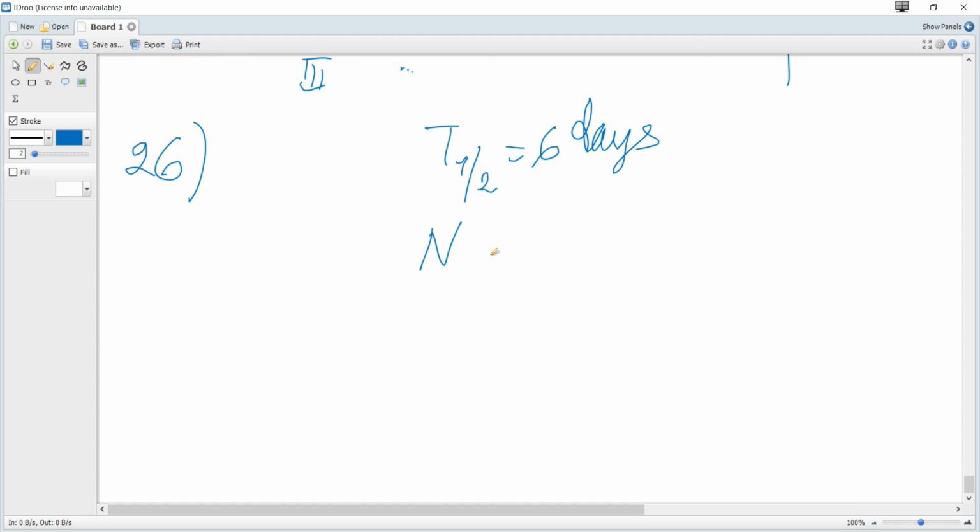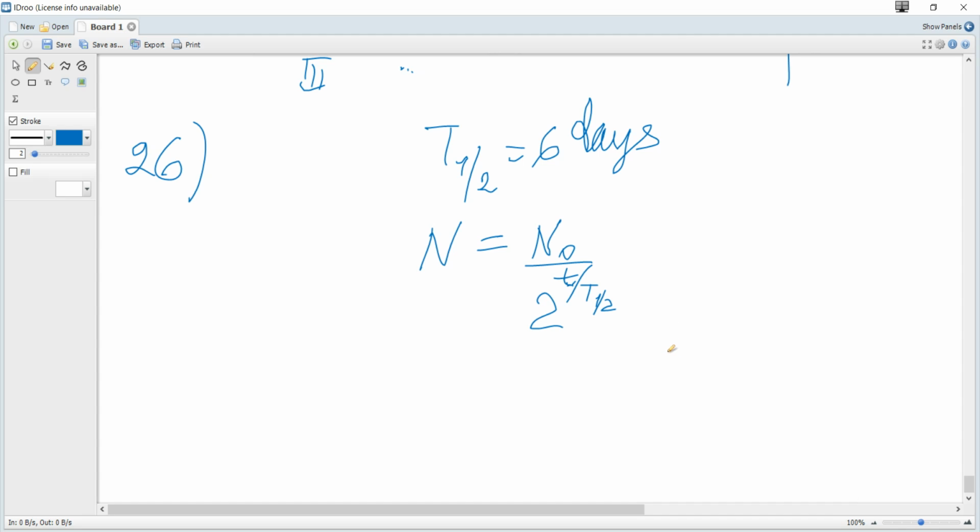You don't really need a formula, but to understand the number of undecayed nuclei remaining, it's the initial quantity divided by 2 to the power of the number of half-lives, which is time divided by the half-life.